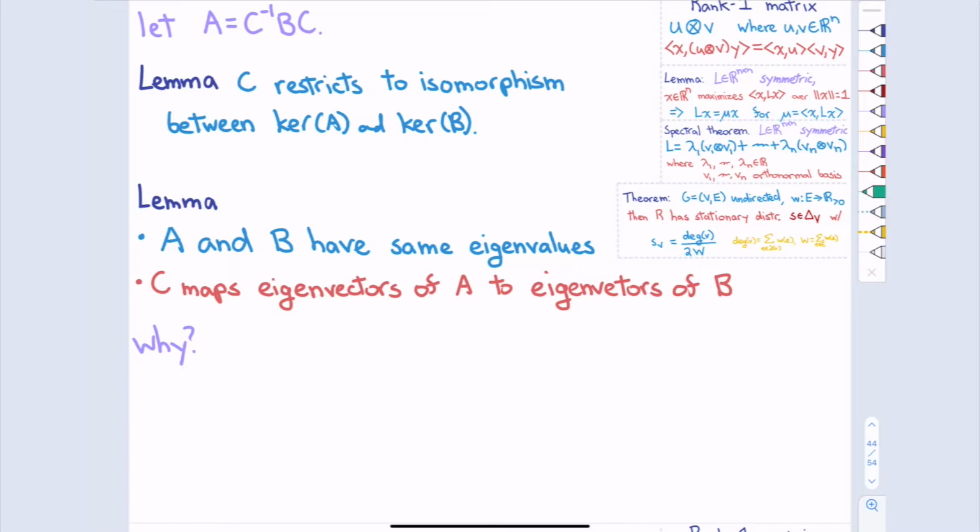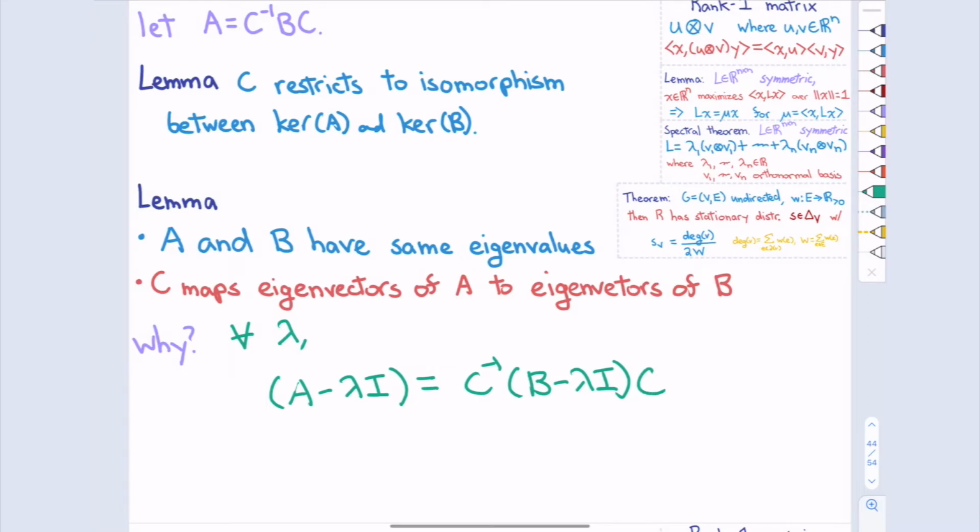So one trick proof is that for all lambda, if I compare A minus lambda I and B minus lambda I, we can think of the eigenvectors corresponding to lambda as vectors that are in the kernel of this thing where I'm subtracting out lambda, right? And I would have something like this. And I just showed that we preserve kernels, so that means it's going to preserve the eigenvectors for that lambda, and I can apply that to all lambdas.